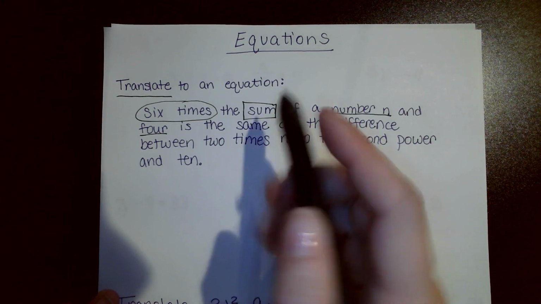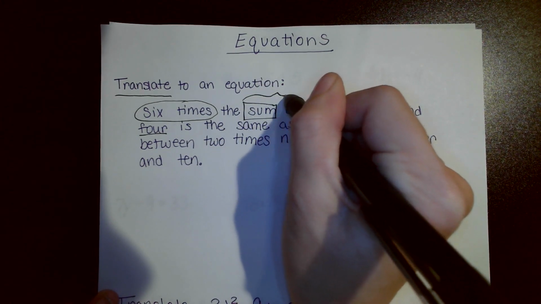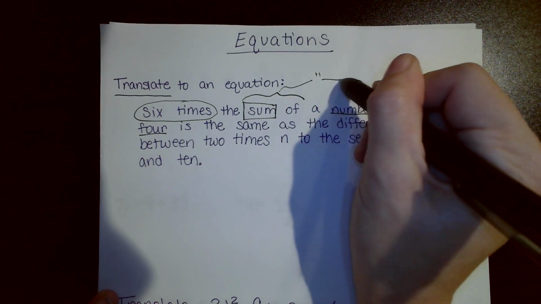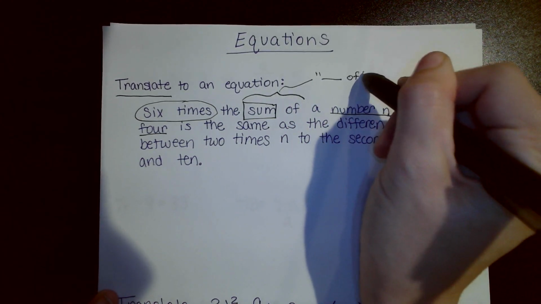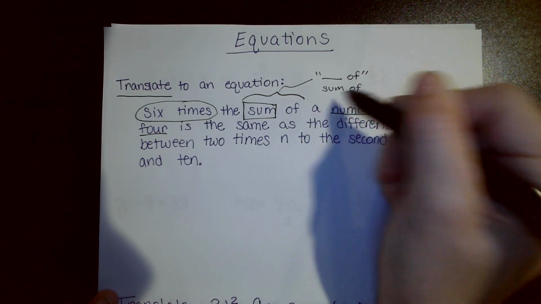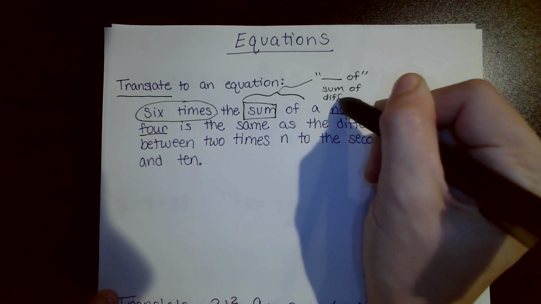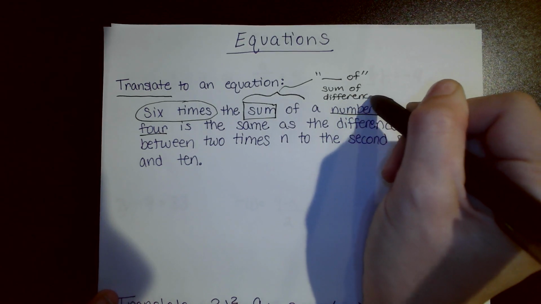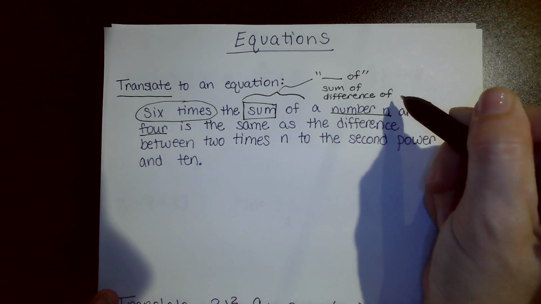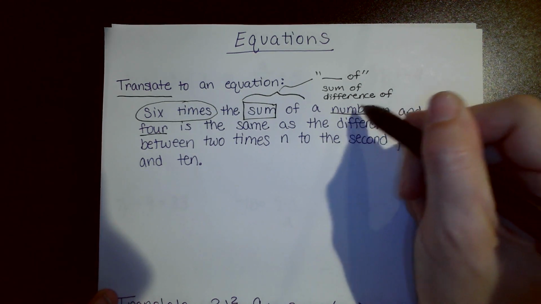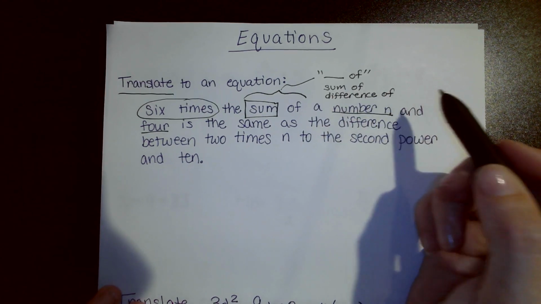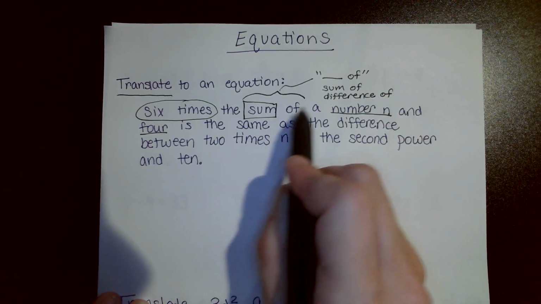We've learned that this format, "the blank of" — it could be the sum of, it might be the difference of, maybe it's the product of, the quotient of — whatever follows this format is explaining to us that we need to solve that part first.